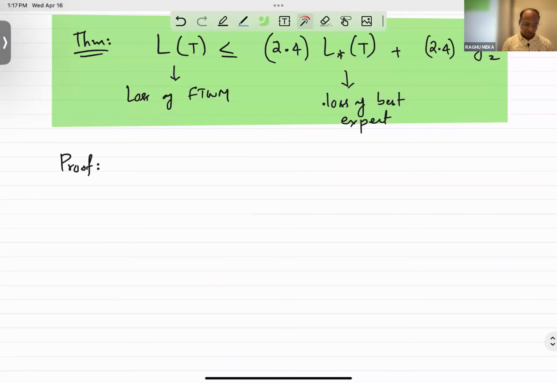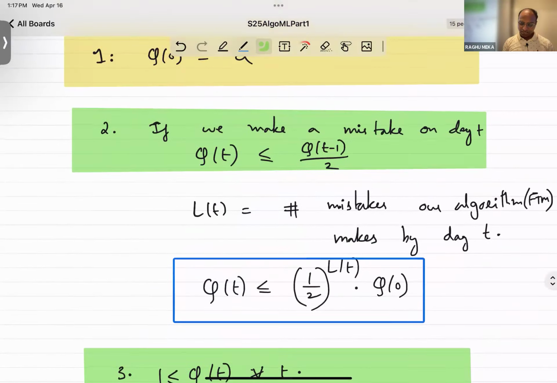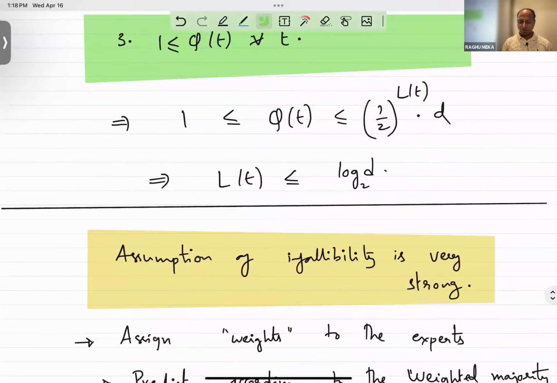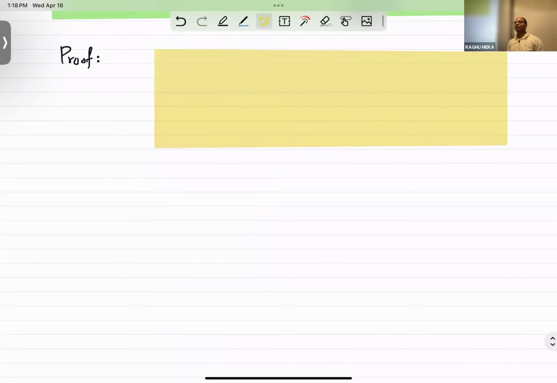Okay, but what should the potential function be? Any guesses? What would be the natural thing to track about the performance of the system so far? You can think of it as some kind of evaluation of how well all of the experts are doing together. So what would be a good way to define the potential function?